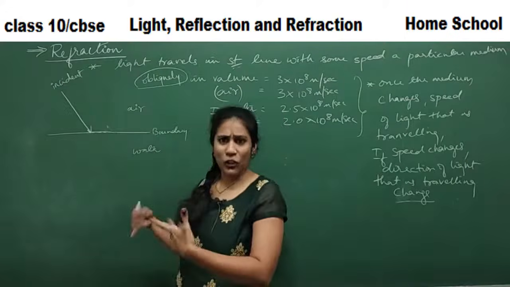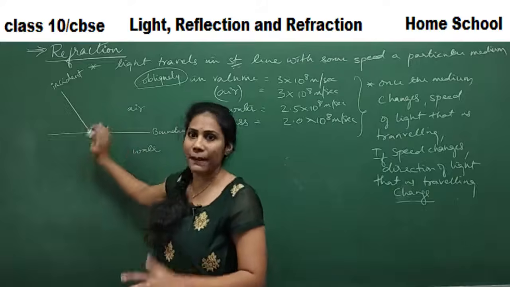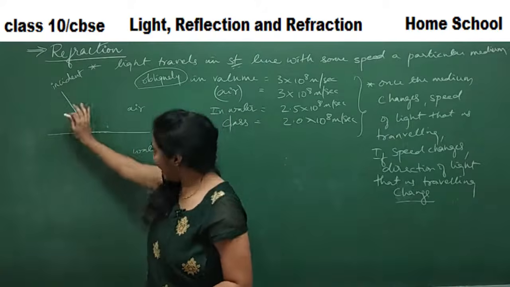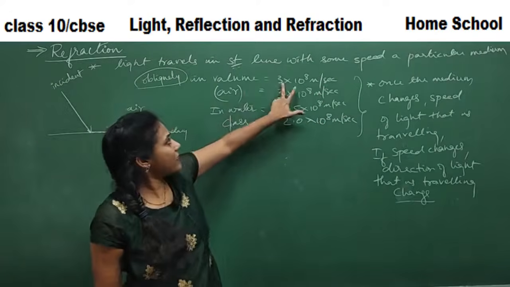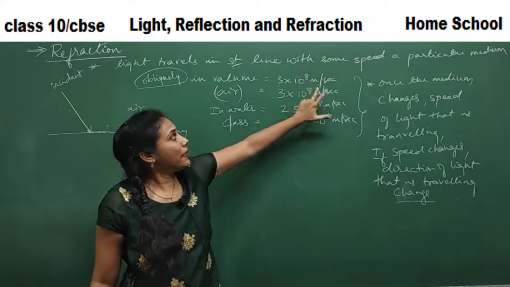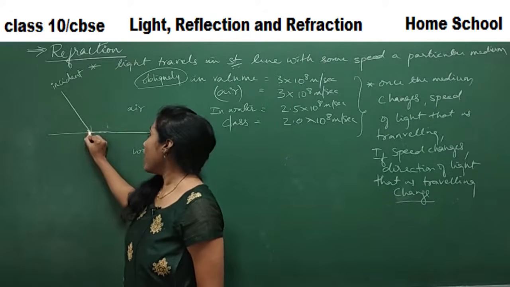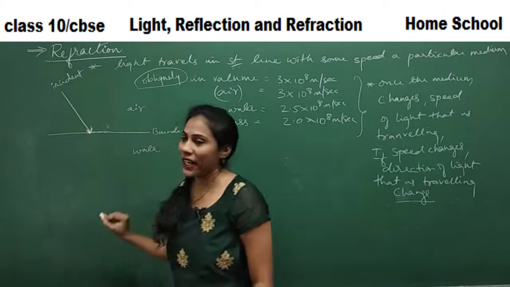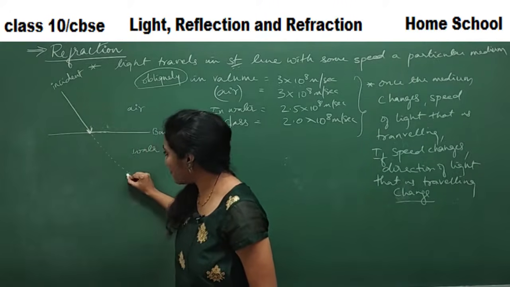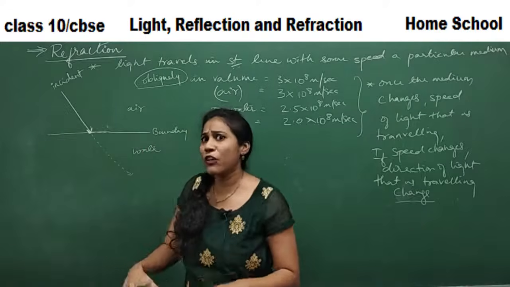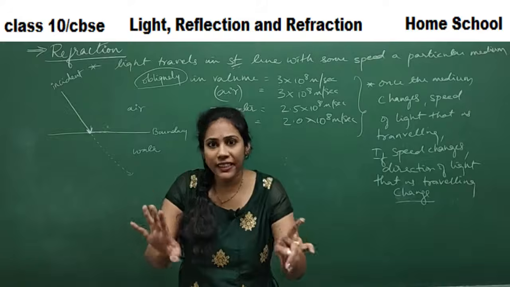Right. So this is the direction of the incident ray that is coming from air. In air, the same light ray is traveling with 3 x 10^8 meters per second. Once it reaches the water, what happens? Will it travel in the same direction with the same speed? Normally, we expect light to travel in a straight line without changing its direction.